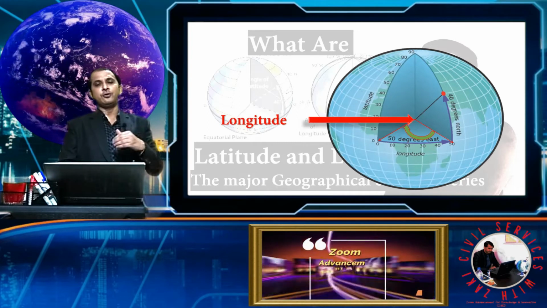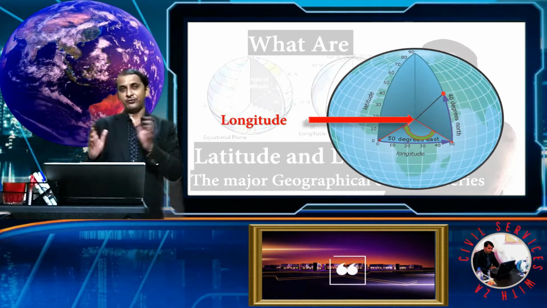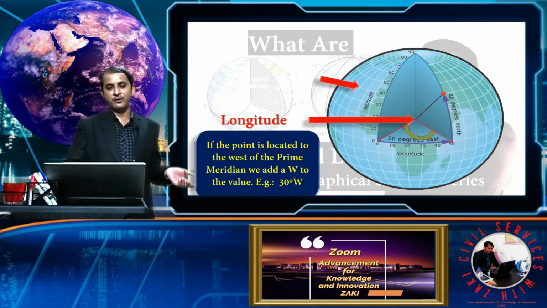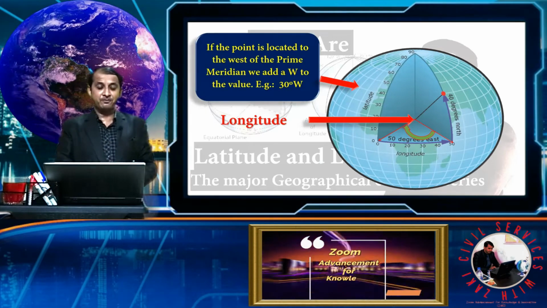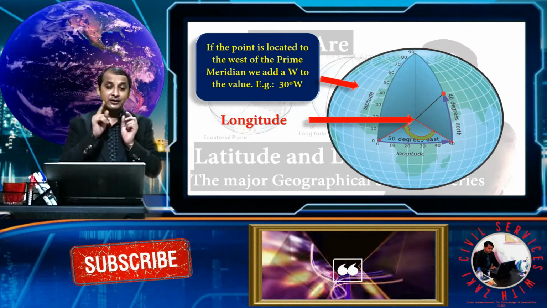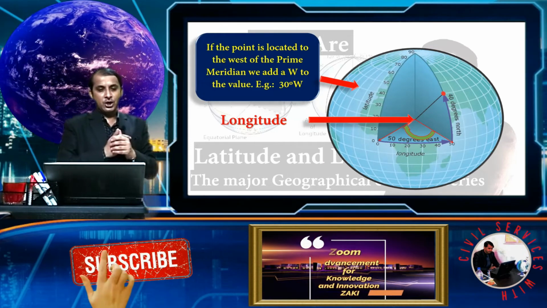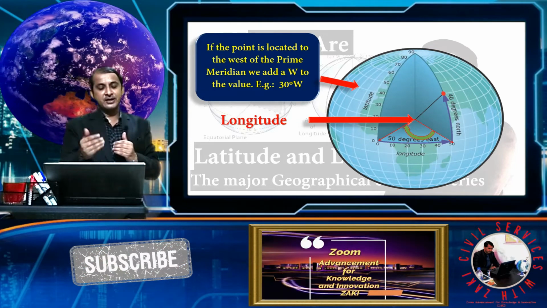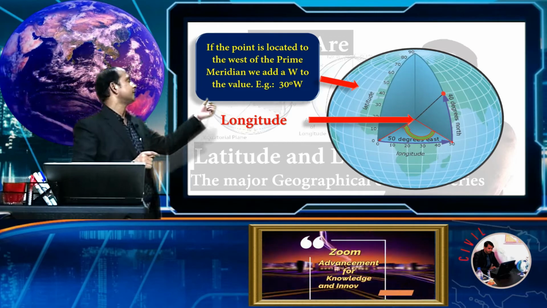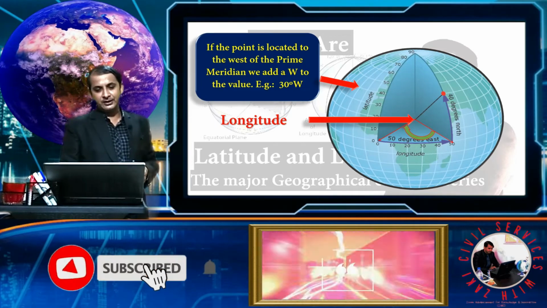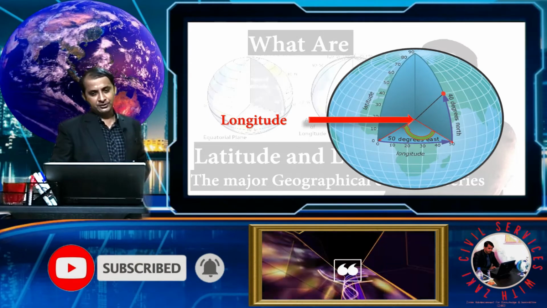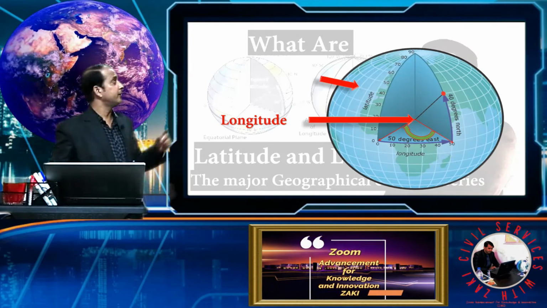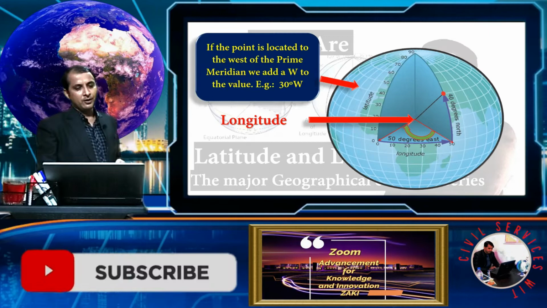If we go west, and the point is located west of the prime meridian, we add W after the value. Example, 30 degree west. Here you see it is situated at 30 degree west.